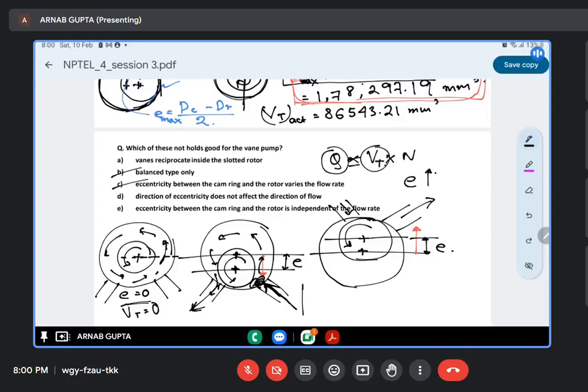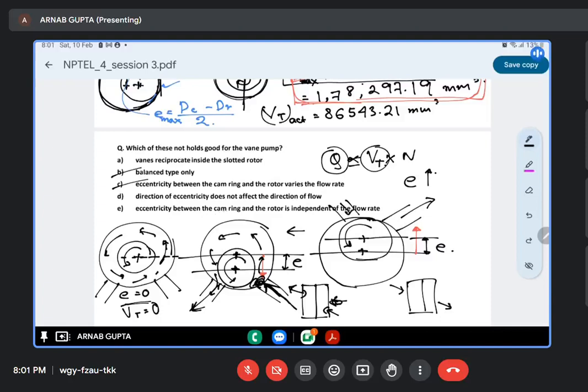If we look at the side view, suppose suction happens from here, and the delivery will be happening on this side. And in this case, it will be opposite. Suction will be from here, and delivery will be on this side. So it depends on how we are placing the ports, and obviously it is dependent on the direction of eccentricity. So this is a wrong statement.